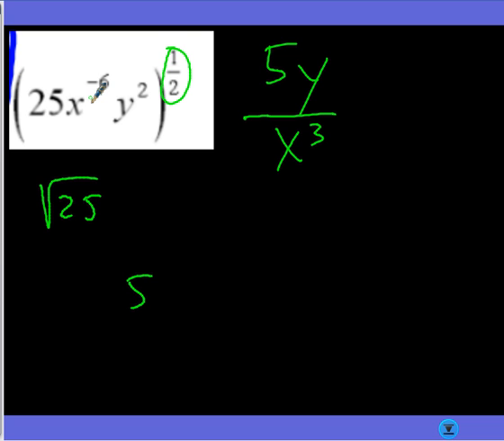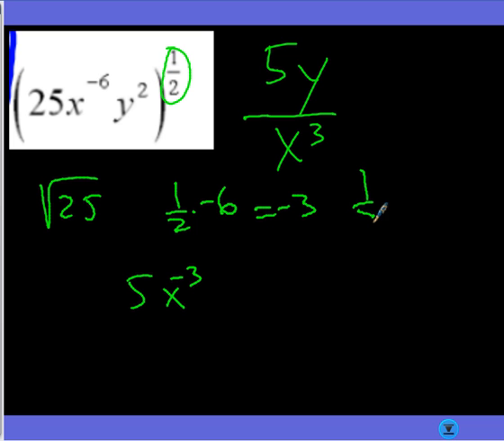When I'm using it on variables, I just use the power to a power rule. So it's going to be 1/2 times -6 is -3, so I've got x to the -3, so I'm going to have to finish that. And then I've got 1/2 times 2, right?